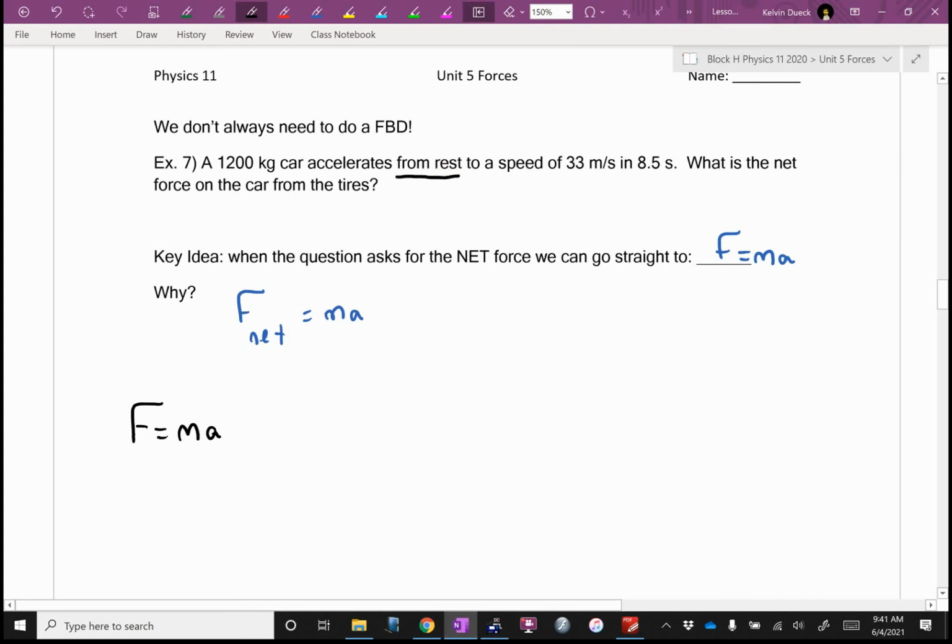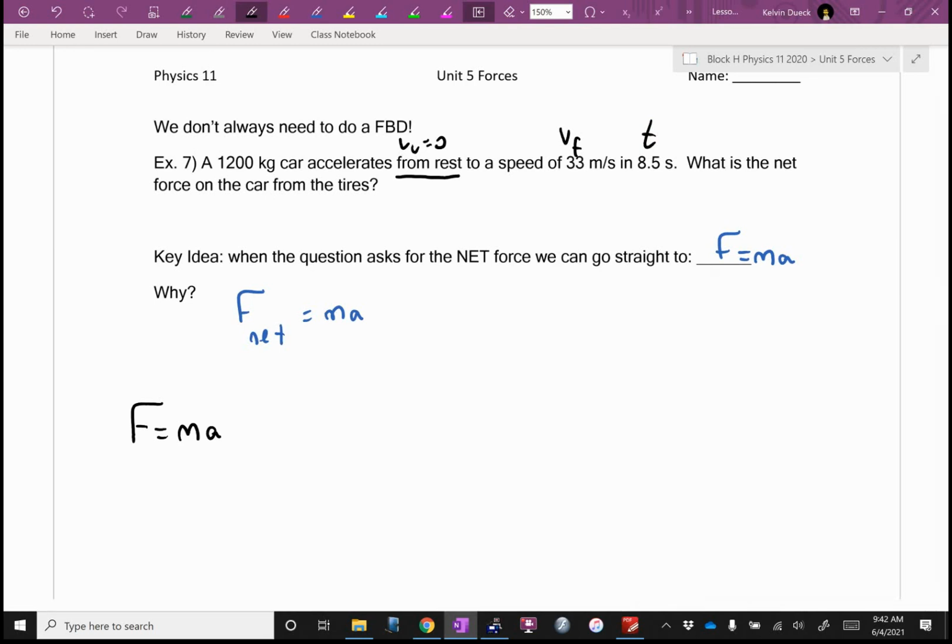What's that tell me? I'm going to write above here, VI equals 0. What's this 33? What's that 8.5? Is there an equation for A that has those in it?